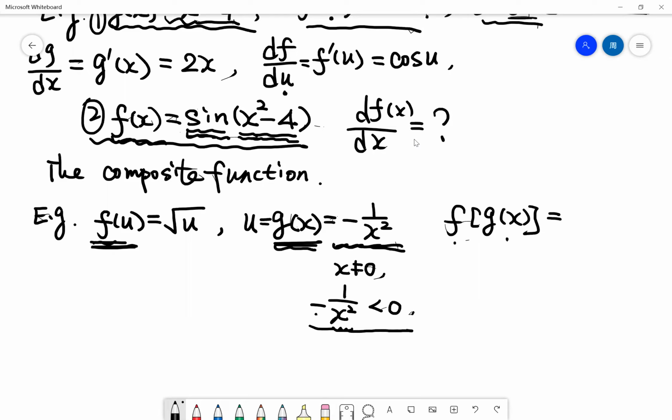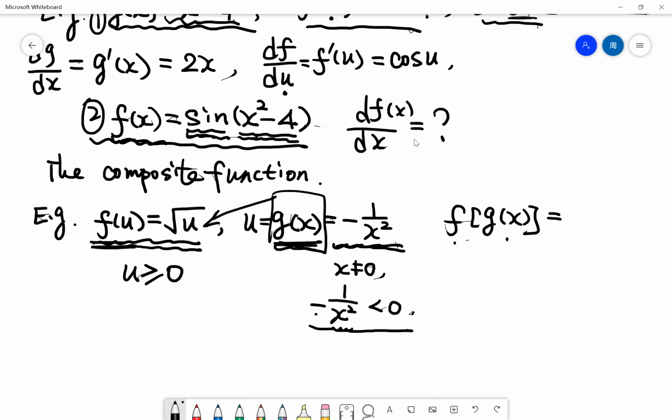But for the function f of u, from the definition, if u is under the square root, u must be larger than or equal to 0. So we cannot put the function g(x) inside the function f of u. So you should remember that any two functions cannot always be composed.